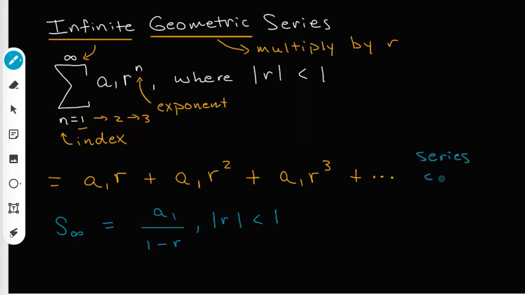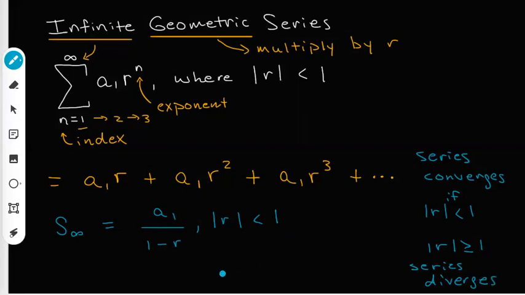So this series only converges if the absolute value of r is less than 1. If the absolute value of r is greater than or equal to 1, then the series will diverge. So that's the difference between converging and diverging.